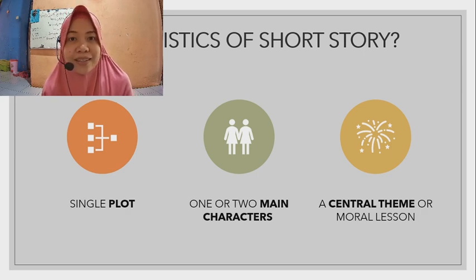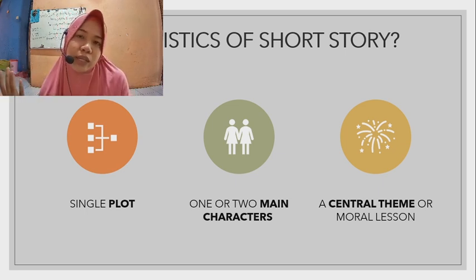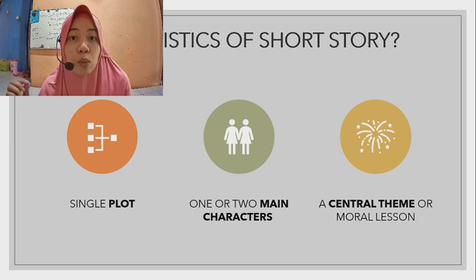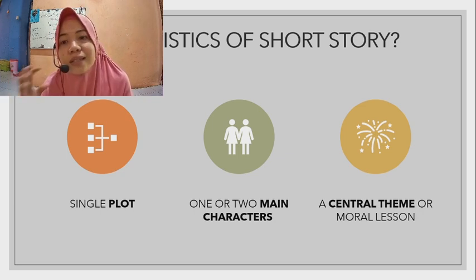Okay, got it. And it only has a central theme or moral lesson. So it is not a layered kind of writing. It only has a single moral lesson, a single central theme.